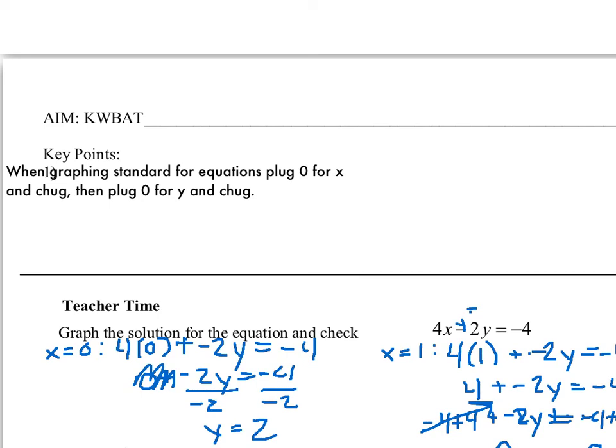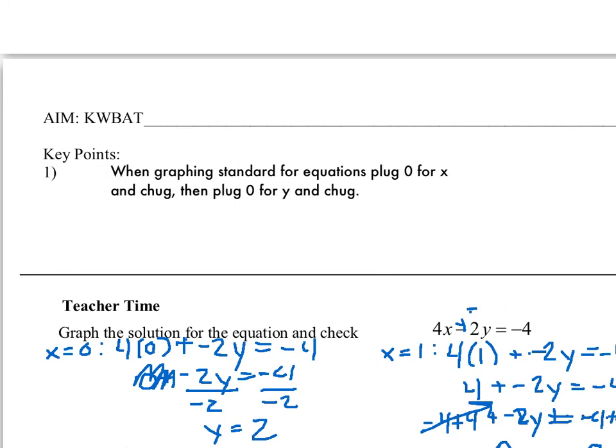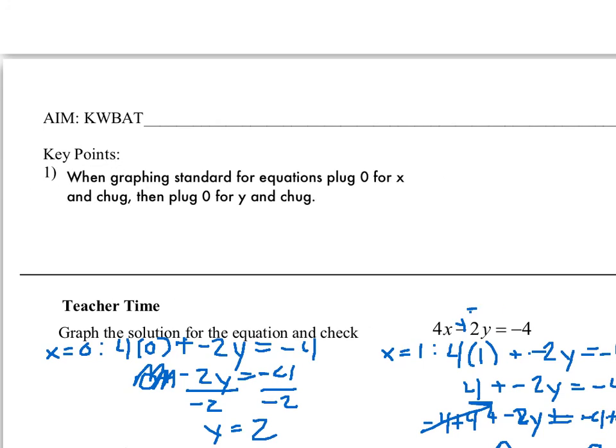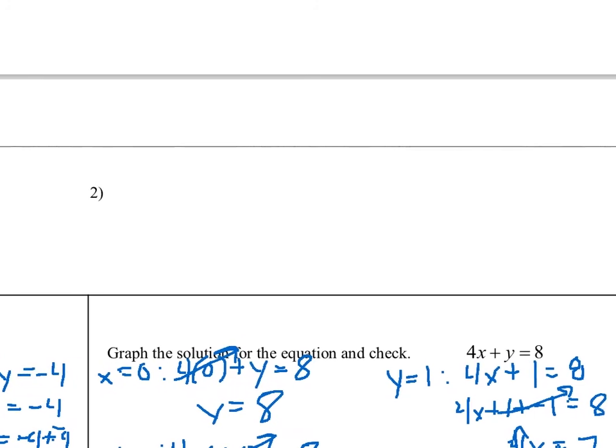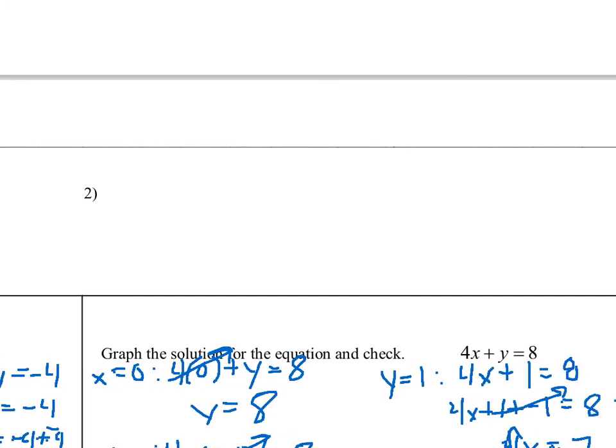What about that third point? Not our third key point, but what about that third point? Katie? Yeah. So over here, we're going to say our second key point.